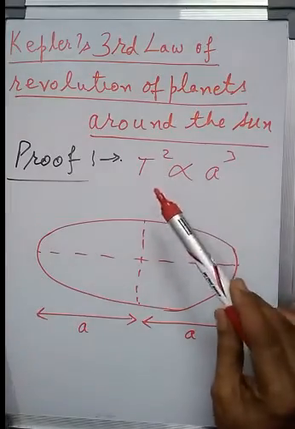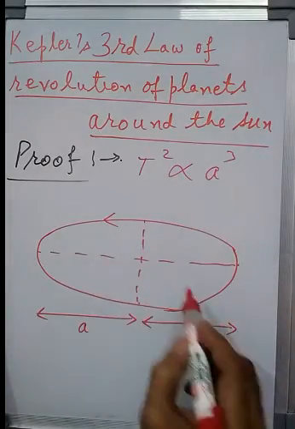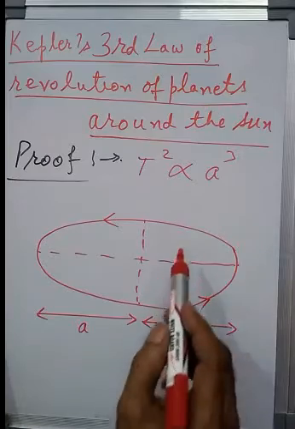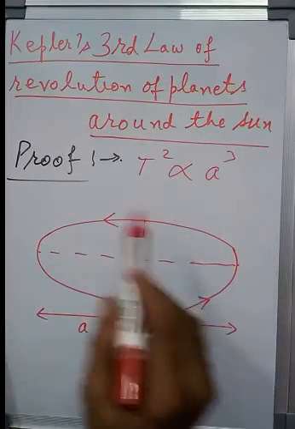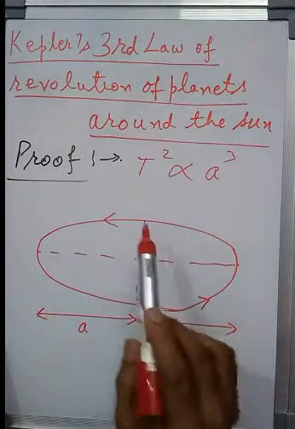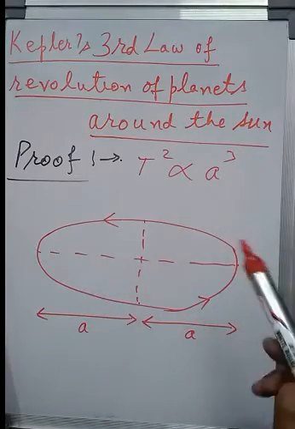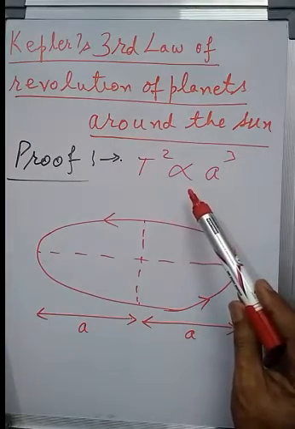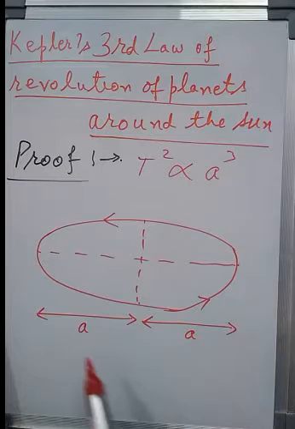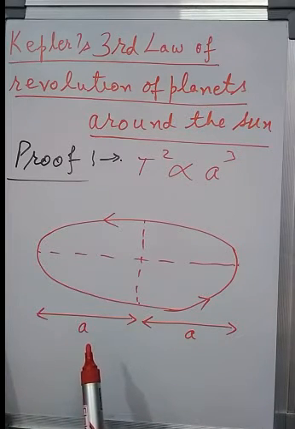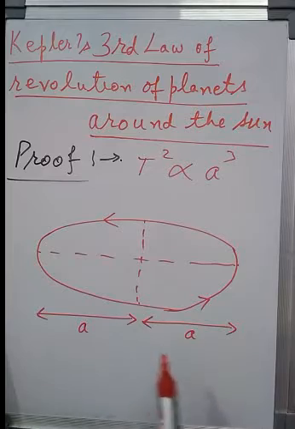The square of the time period of revolution, meaning the time within which a planet completes one revolution around the Sun, denoted by capital T, is always directly proportional to the cube of this semi-major axis. This is the definition of Kepler's third law.